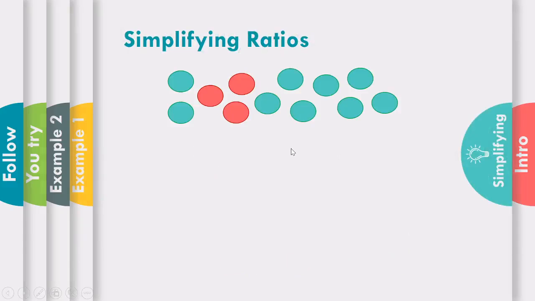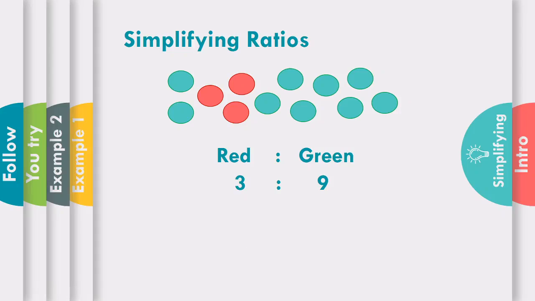Okay, so if we have an example, we've got some green counters and some red counters. And if we want to look at the ratio of red counters to green counters, well, we've got 1, 2, 3 red counters to 1, 2, 3, 4, 5, 6, 7, 8, 9 green counters. So we could say we've got a ratio of red to green, 3 to 9. But guys, we can make this a bit more simple. What we can do is divide each side by a number to give a whole number answer.